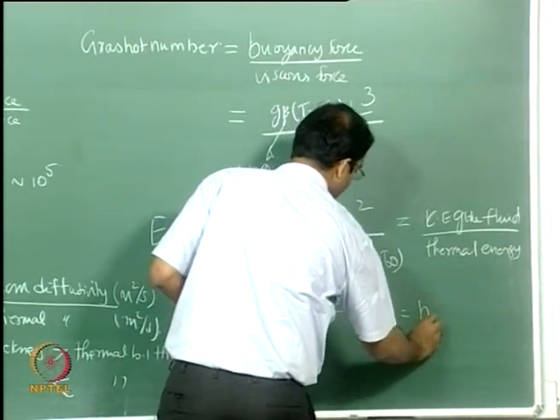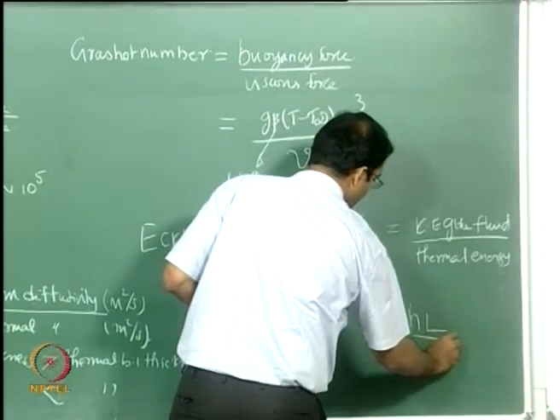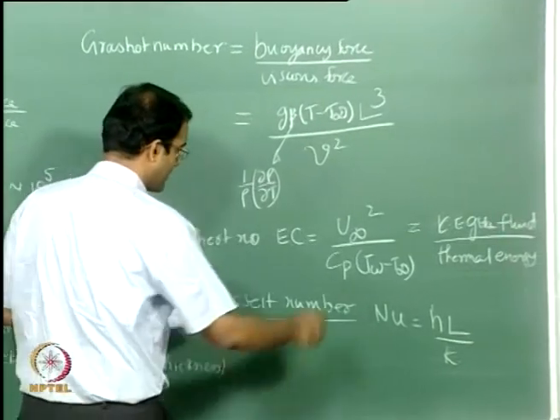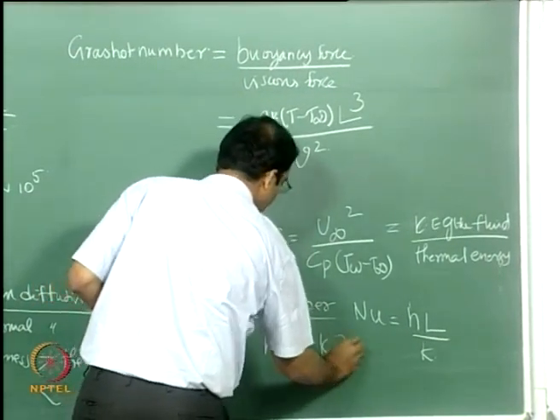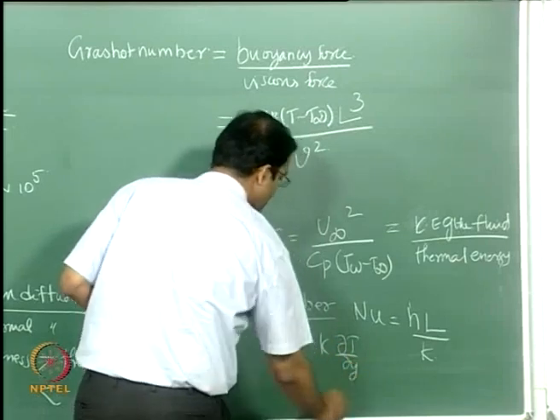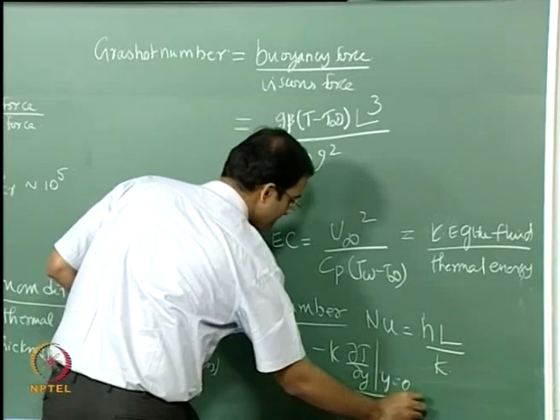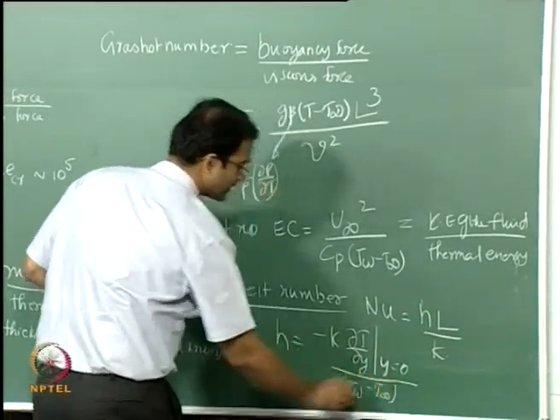You can define it based on the dimensional heat transfer coefficient multiplied by the length, divided by the thermal conductivity, where the heat transfer coefficient is defined as minus k dT by dy, the heat flux at the wall, divided by, in this case, T wall minus T infinity.